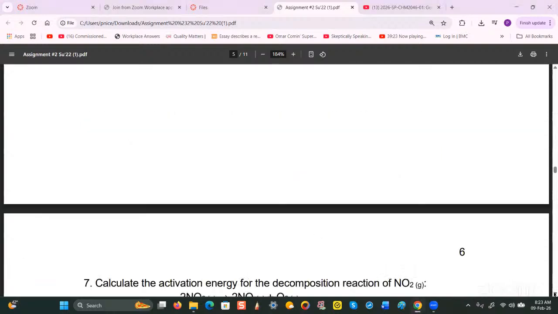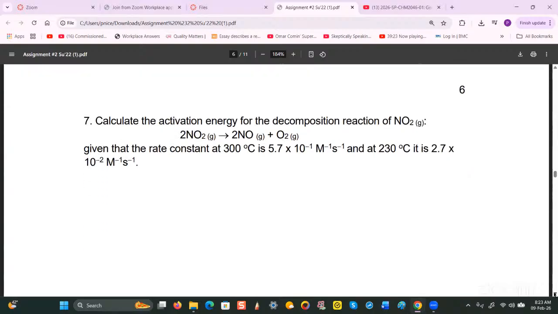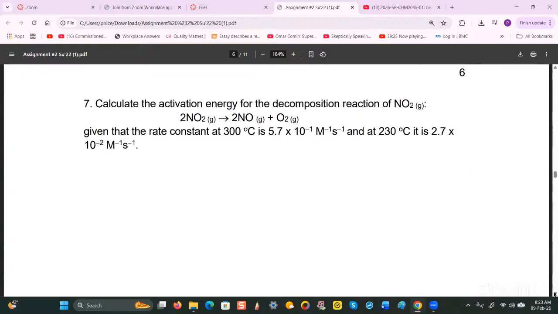Scroll down. Now we're going to move on to question number 7, which deals with the concept of activation energy. Just to remind you, this was covered in the video lectures. The activation energy is the energy required by reacting molecules to be converted to products.